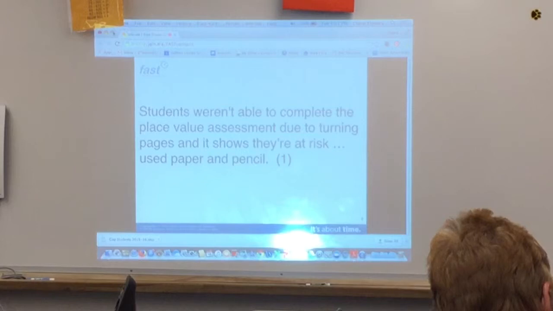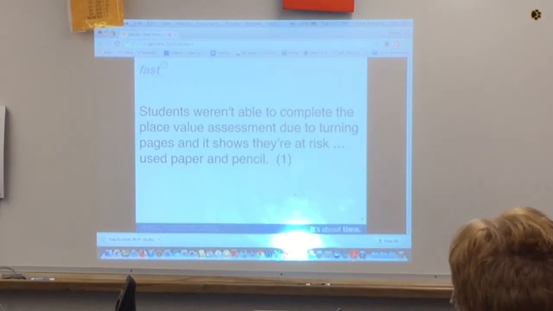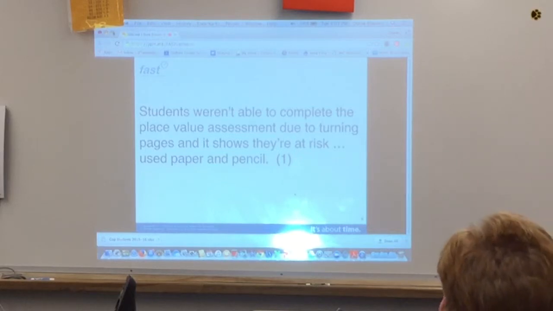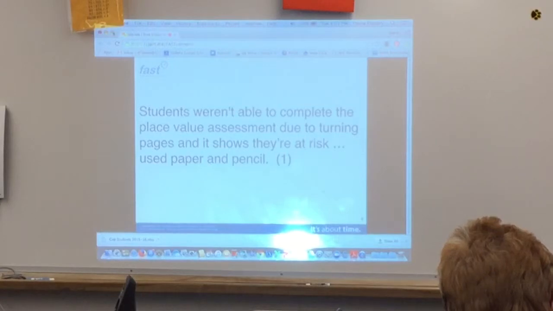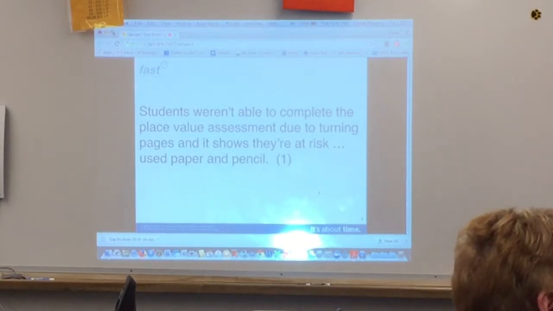This one I wasn't entirely clear on, so I don't have an answer. At first grade, students weren't able to complete the place value assessment due to turning pages, and it shows they're at risk. And then it indicates that you use paper and pencil. Do you want to expand on that? It was a paper assessment. They had to circle the number, using columns of tens and then ones.